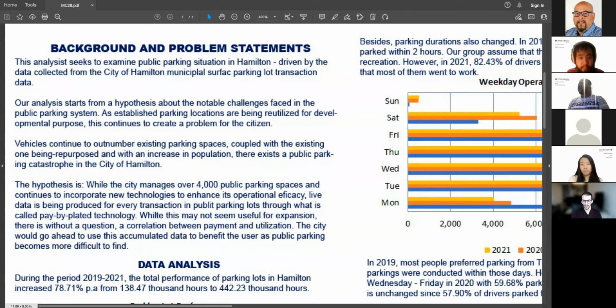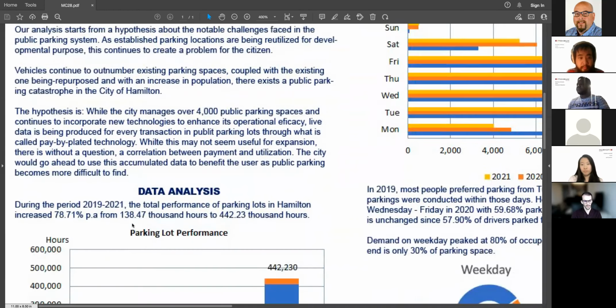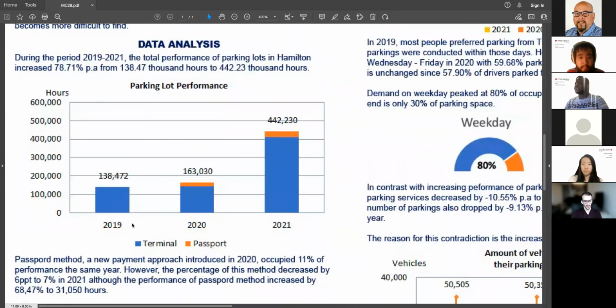So the result of our analysis of the parking lots with complete data shows that in 2019, a total of 138,472 hours was spent parking, and this data is shown with the terminal Cali terminal system.